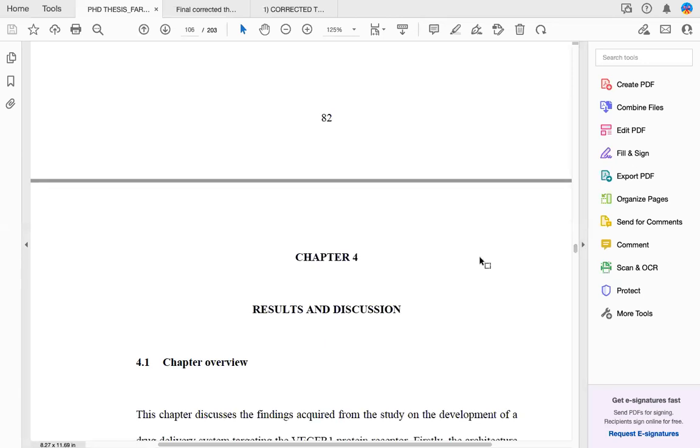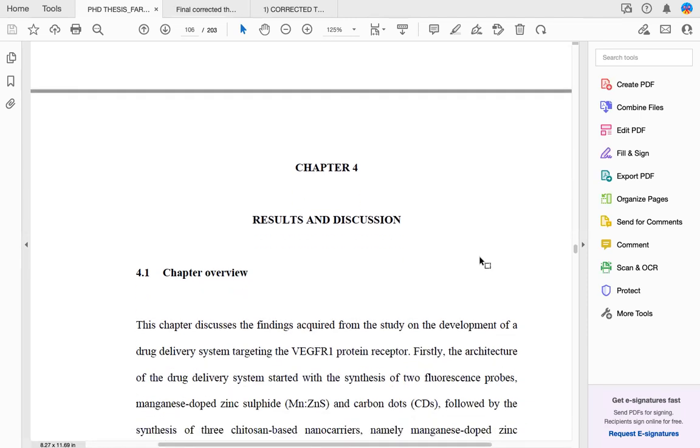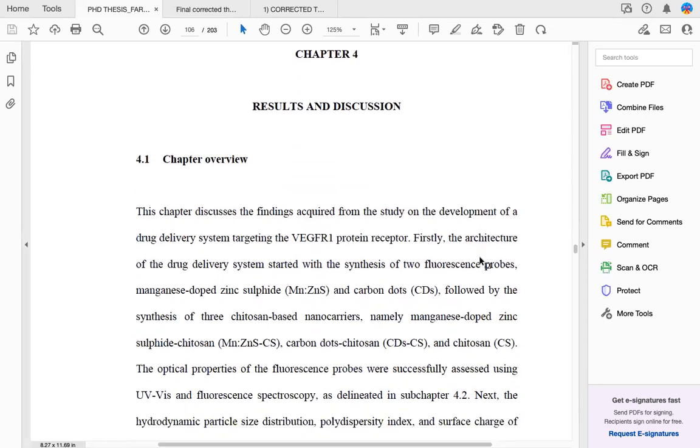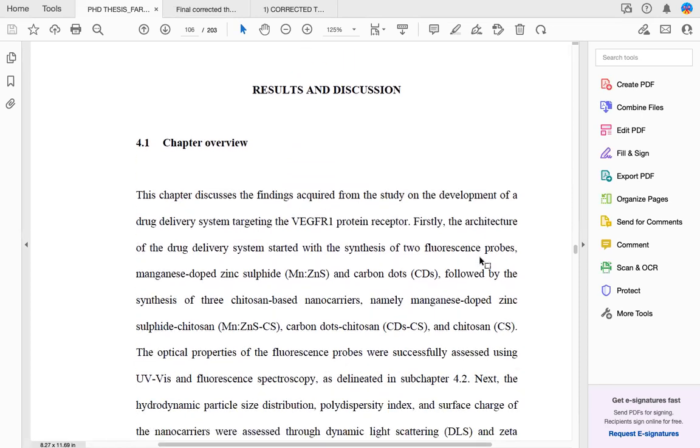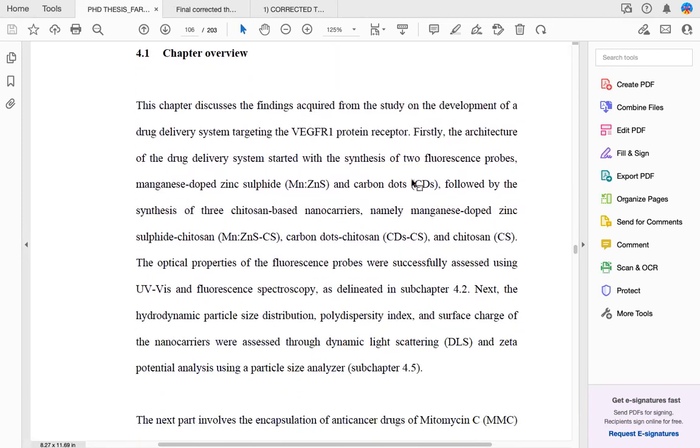Okay, so chapter 4, again, the candidate has started with an overview, which is good. It tells what is being discussed in chapter 4. So you can see it started with the synthesis of the fluorescence probe, which means the material being prepared.